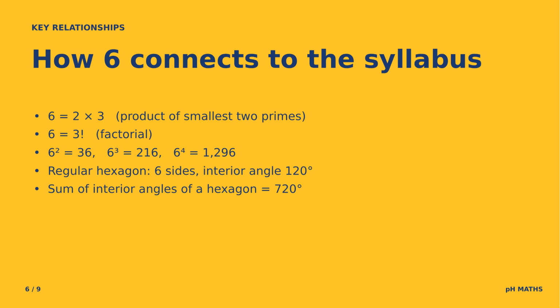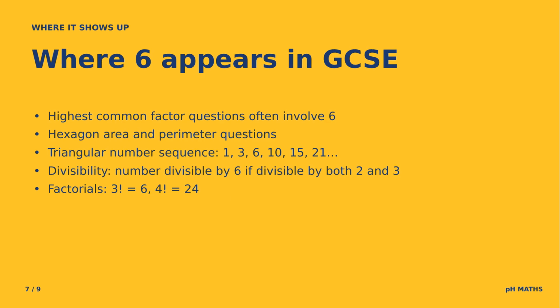A regular hexagon has 6 sides, each with an interior angle of 120 degrees, and the sum of those angles is 720. Where 6 shows up in your exam: highest common factor questions often boil down to 6. The highest common factor of 12 and 18 is 6. The highest common factor of 24 and 30 is 6.